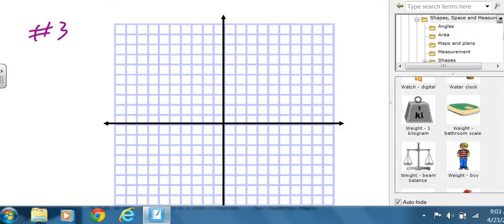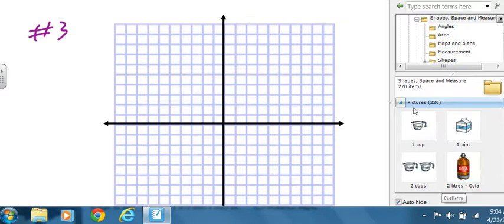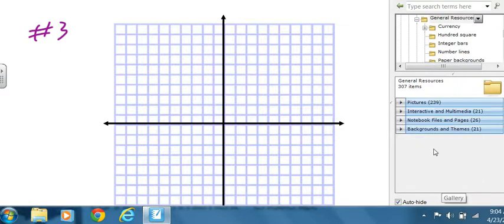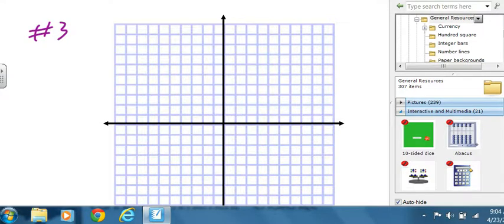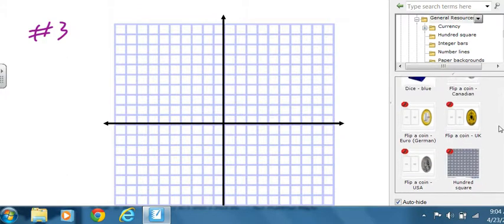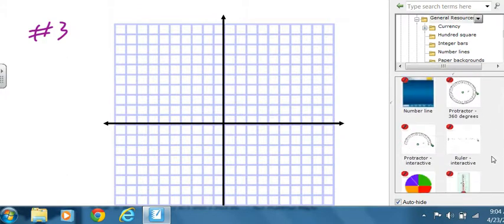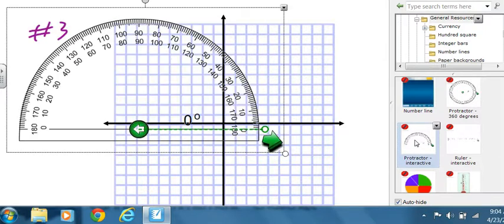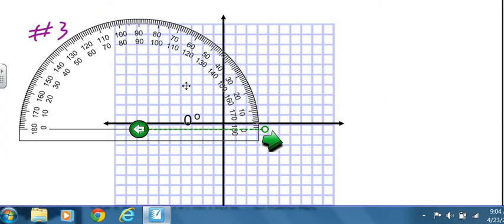Maybe not. All right, let's see if we can do better than that. Interactive notebook pages, backgrounds and themes. Oh, there we go. One protractor. All right. Now we're all set.